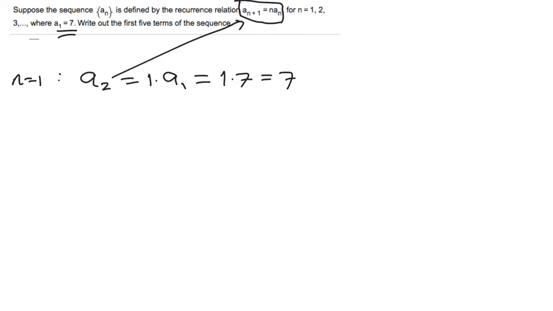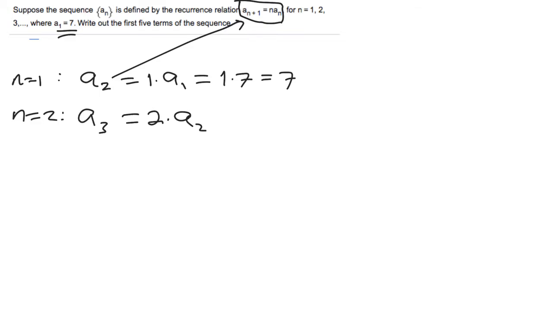So let's do it again. Now, use n equals 2 in this same equation. So again, writing down this thing in the box exactly, but changing all the n's to 2's. It'll say a sub 3, because on the left side it's n plus 1, a sub 3 is n, which is 2, times a sub n, so a sub 2.